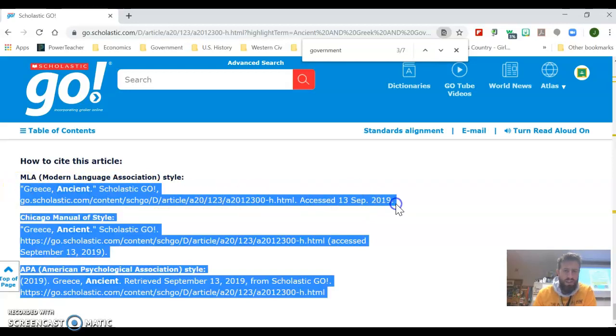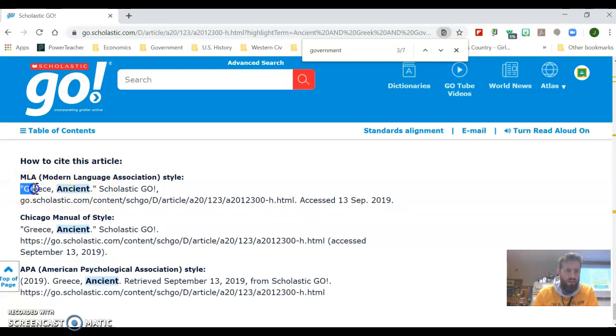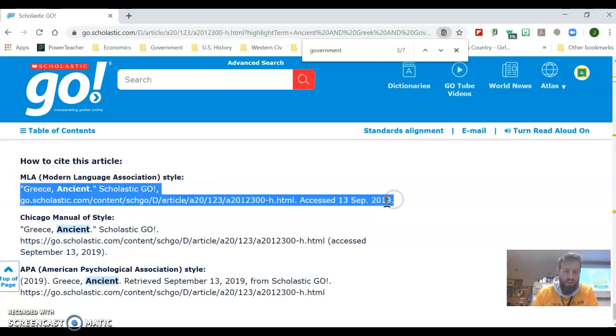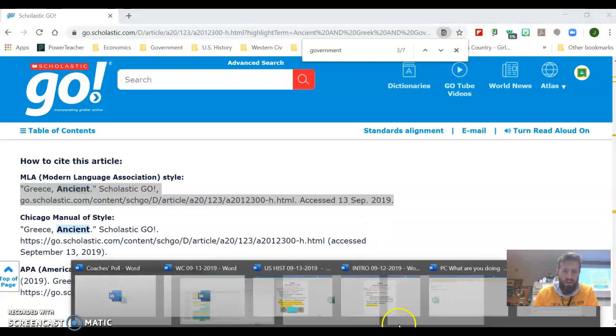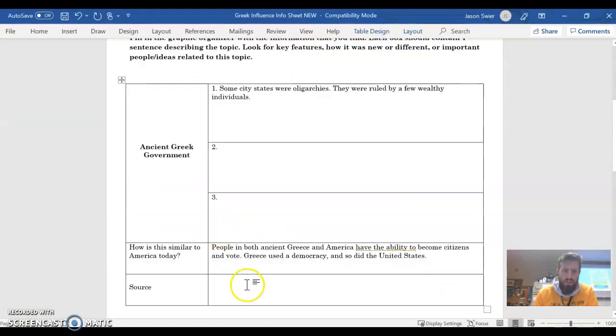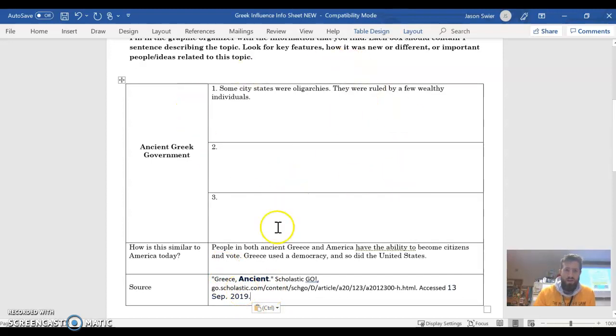So this is a proper citation that tells me not only what the name of the article is, but also the website where I got it and when I accessed it. So I'm going to copy that. And you would write this out by hand and put it in just like it looks on that web page, right? So that's a proper citation, getting used to giving credit where it is, saying that this information came from this source, and that's why I believe it is true, right?